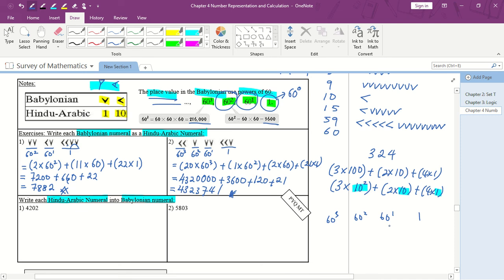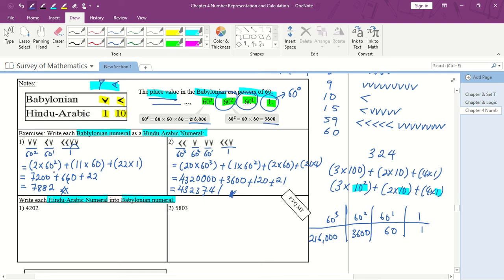We know that 1 is 1, 60 is 60, 60 square is 3600, and the next one, 60 cube, is 216000. Okay, the first thing you need to know about this one, and now we need to convert the number into this form. So how are we gonna do it?